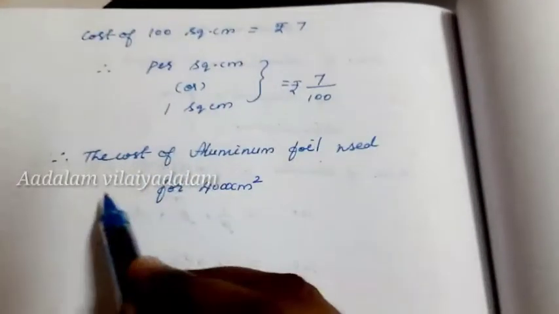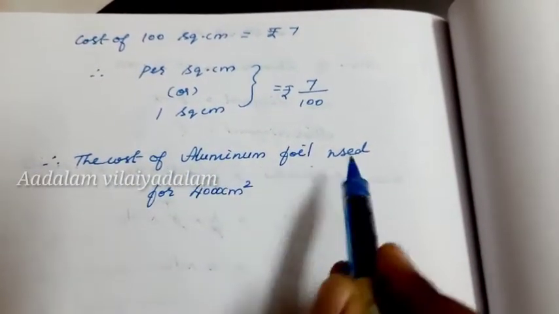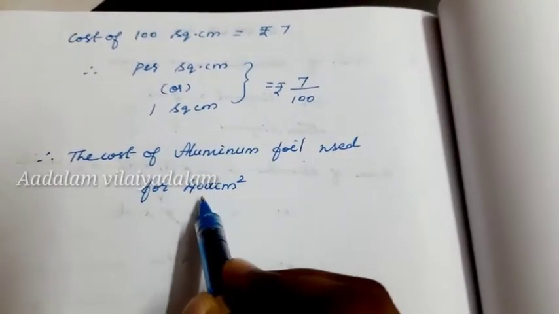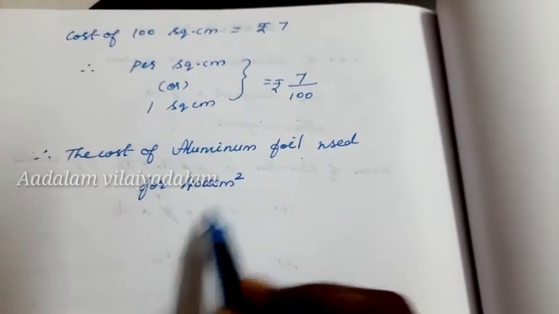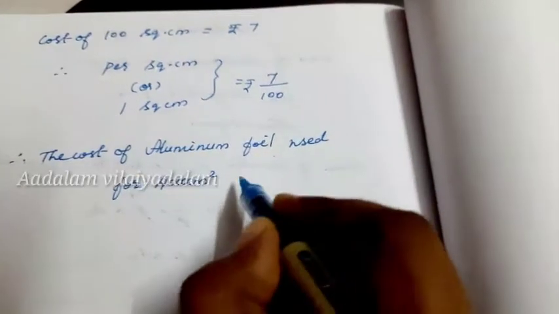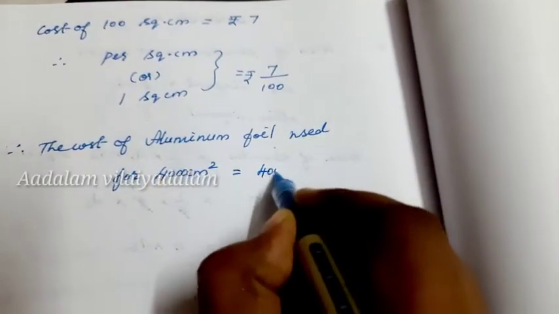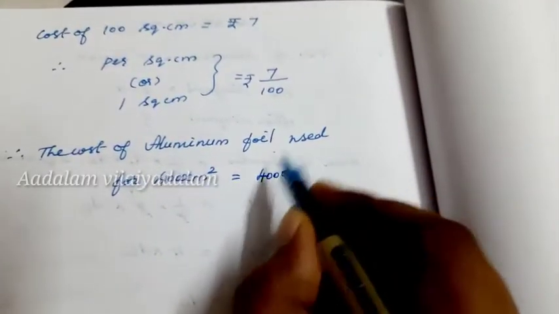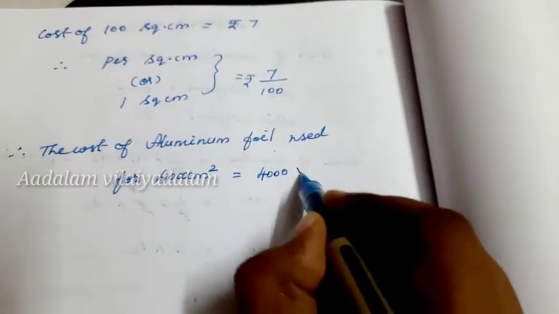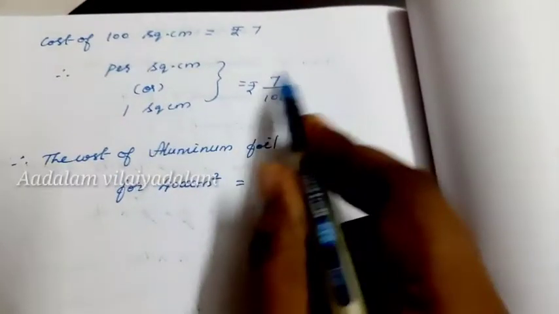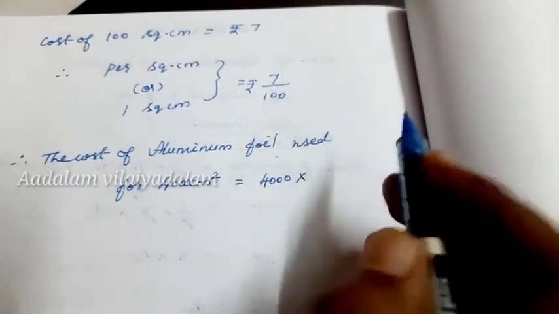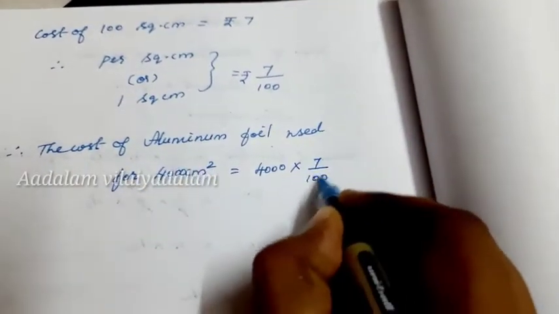So finally we can find the cost of aluminum foil used for 4000 centimeter square, which means 400 sweets. Clear? So 4000 centimeter square we can write, and per square centimeter we already have the cost, that is 7 by 100.